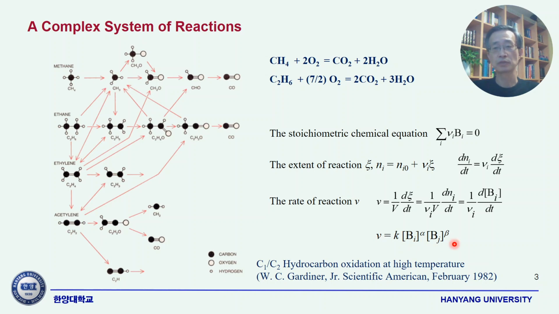So in this equation, the rate has alpha as the order for Bi and beta as the order for Bj. The overall order of the reaction is alpha plus beta, and the proportionality constant is the rate constant. So this is an elementary expression for the chemical reaction rate.